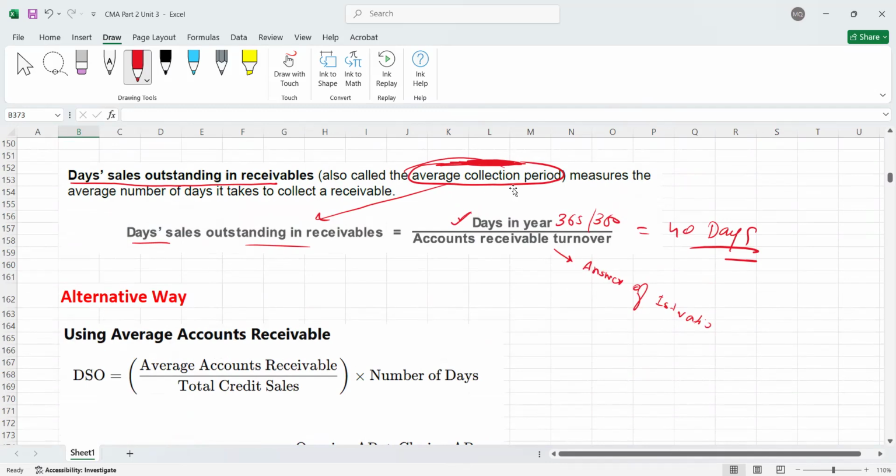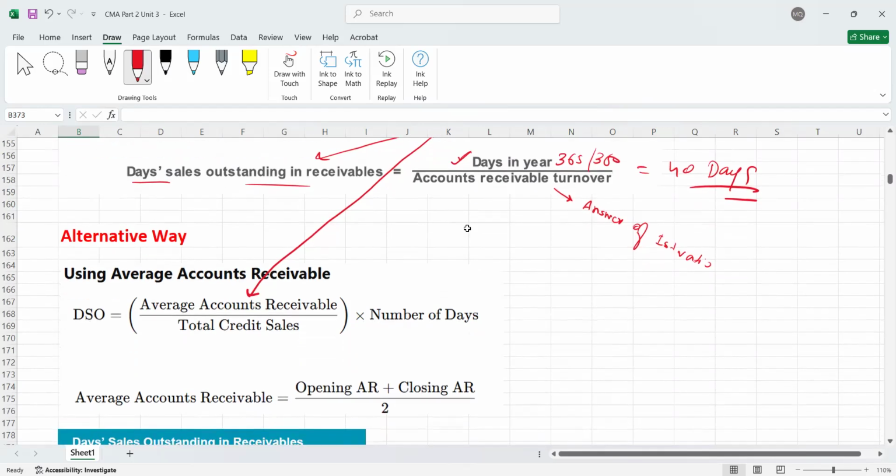Now there is another alternative formula to calculate the average collection period, which is written here. Days sales outstanding, meaning the average collection period, you can calculate by using this formula also. Average account receivables, I have already told you how you will calculate: opening account receivables plus closing account receivables divided by 2.